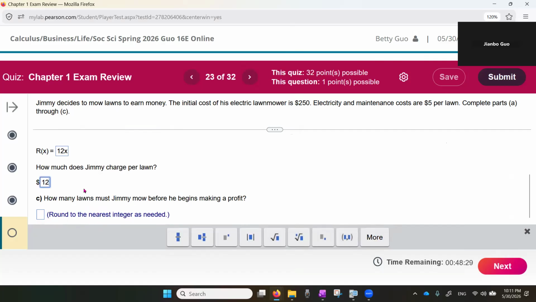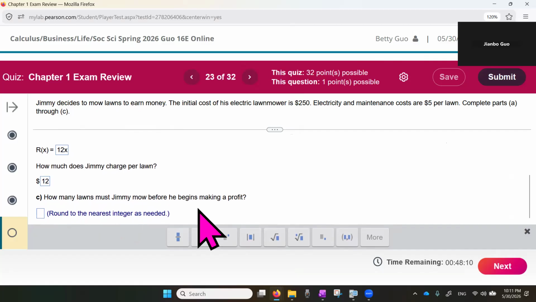It's linear as well, right? When the number of lawns is 1, the revenue is $12. When the number of lawns is 2, the revenue is 12 times 2, so $24. That means that for each lawn, Jimmy charged $12.